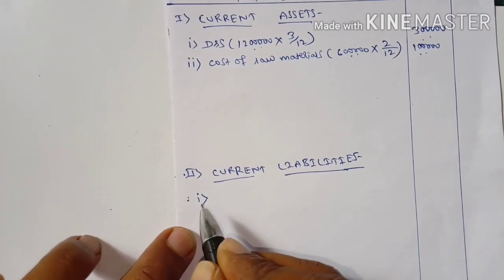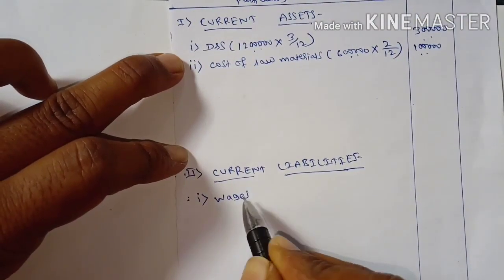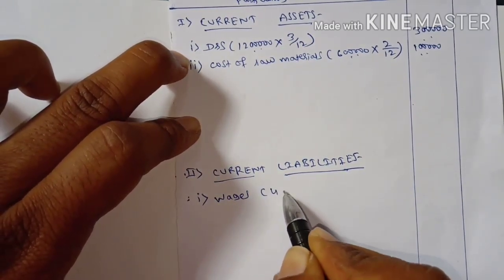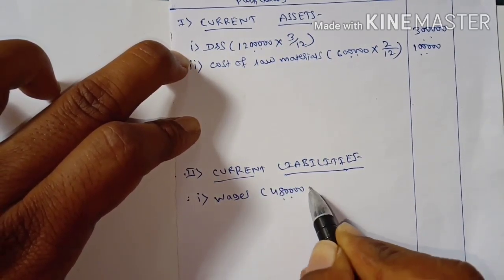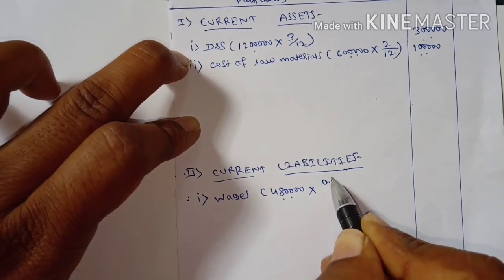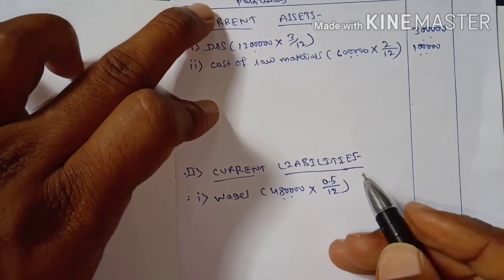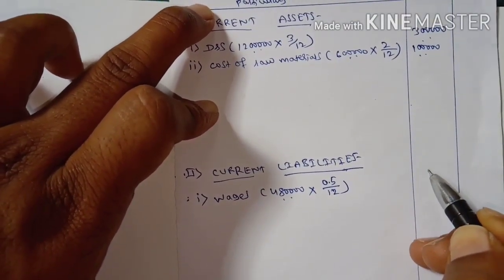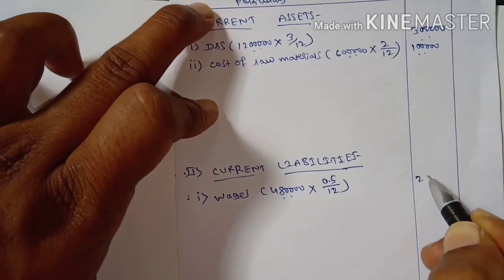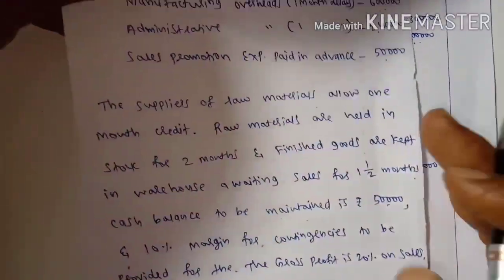So wages 4,80,000. So it is outstanding for 15 days. So 0.5 divided by 12. So it will be 20,000.